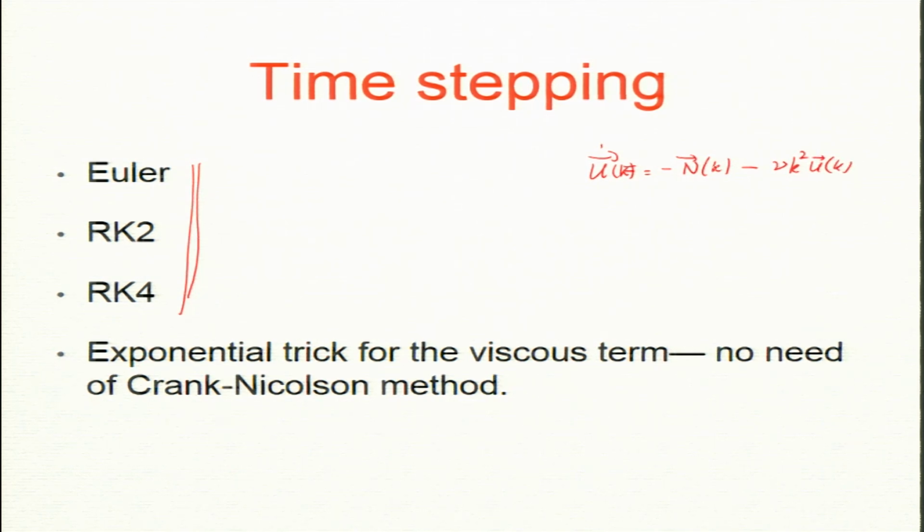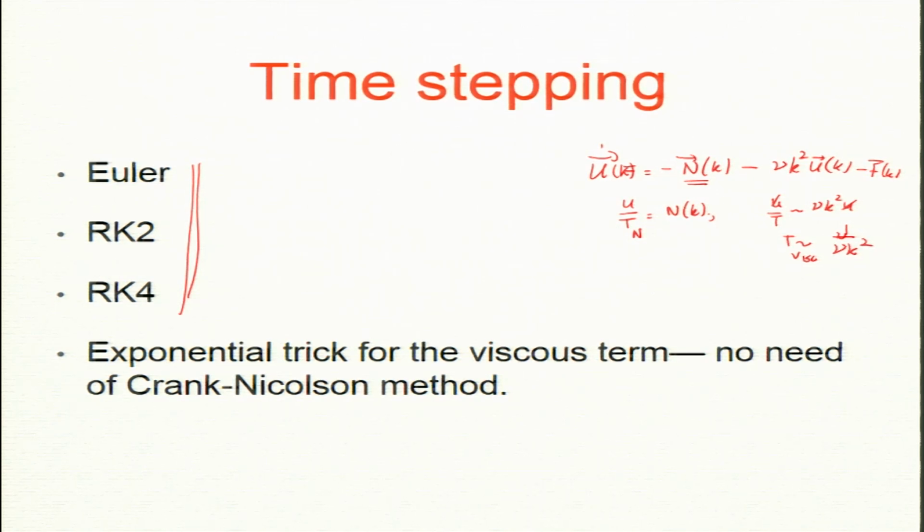Pressure is roughly the same order as N, and there is a force as well, but I am ignoring the force. So one time scale comes from the nonlinear term: u by t is N, so I can get a time. Another comes from the viscous term: u by t is nu k squared u, so t viscous is 1 by nu k squared.